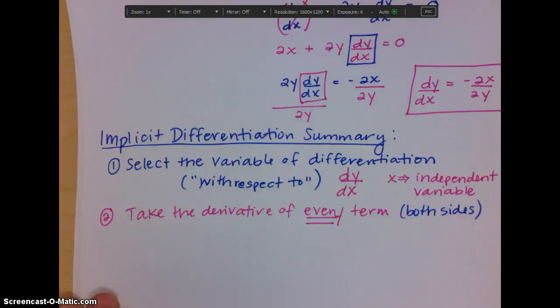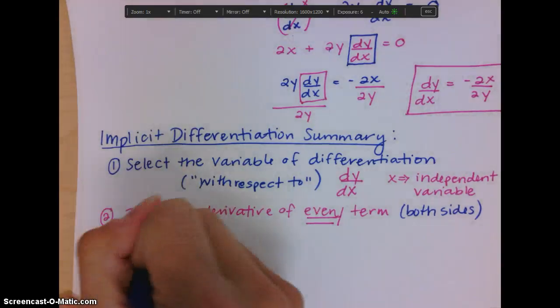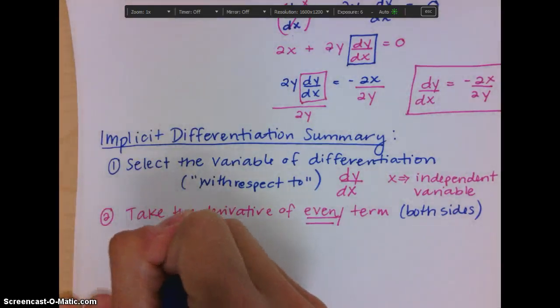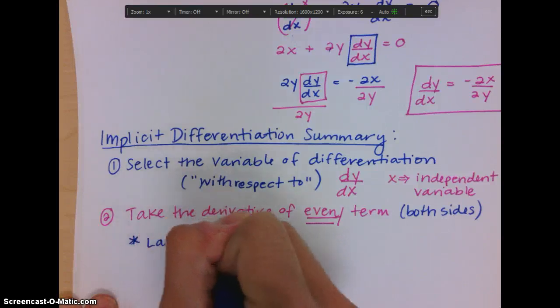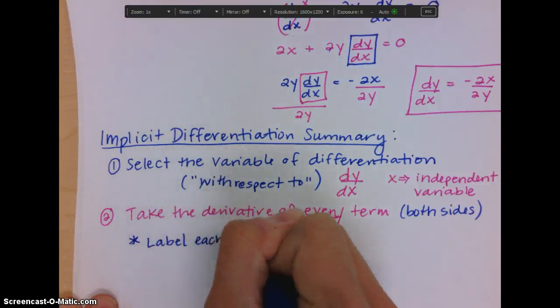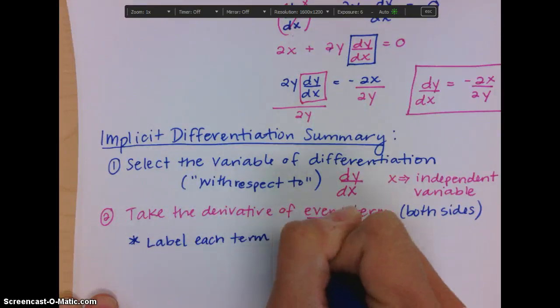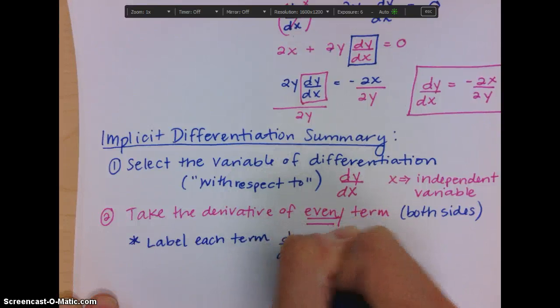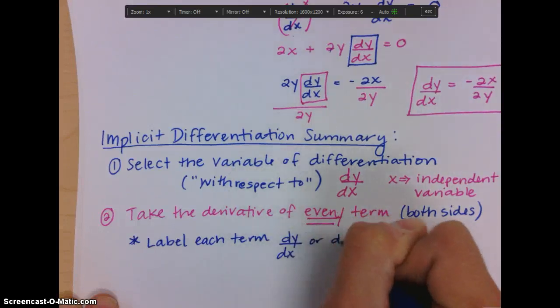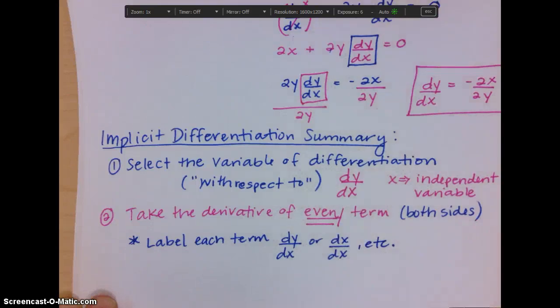But take the derivative as you normally would, keeping in mind that you want to label each term as dy dx or dx dx, etc., so that you're labeling which variable you took the derivative of and with respect to which variable.